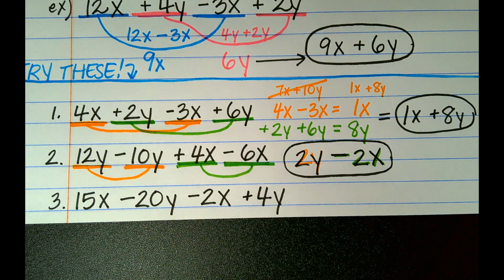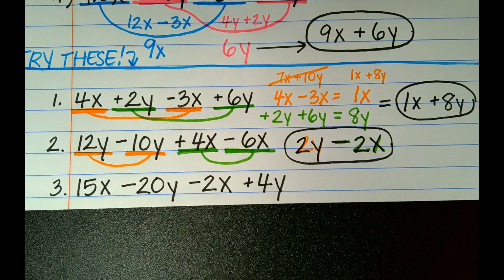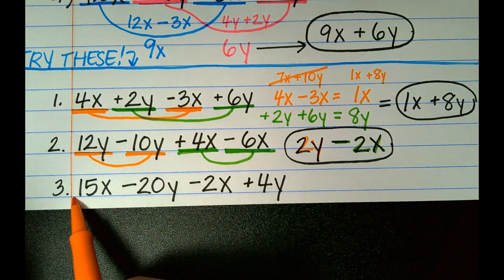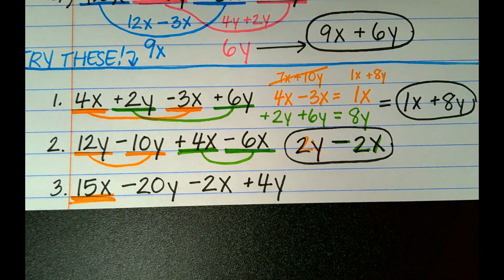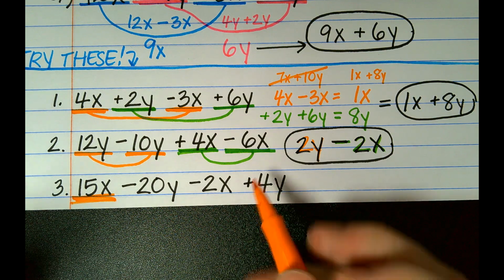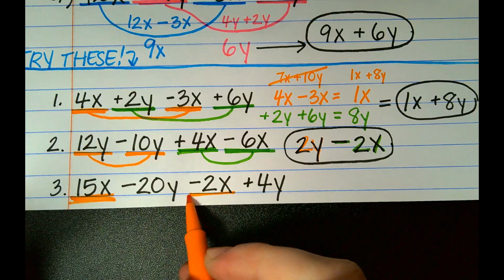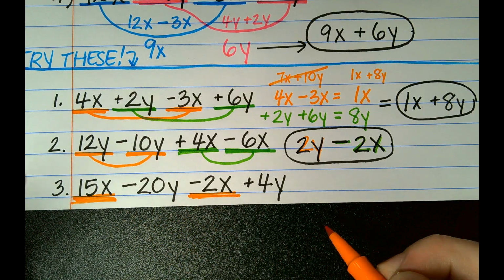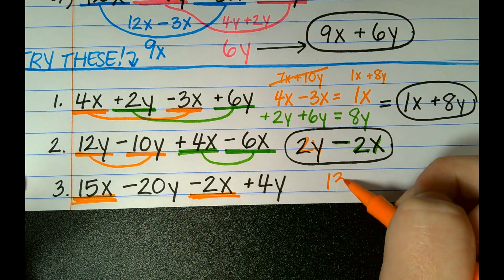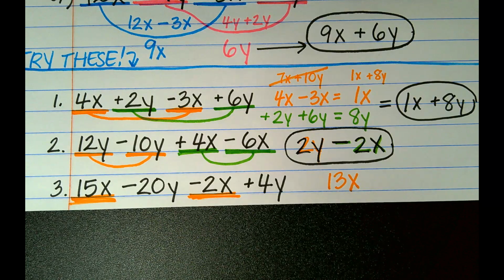Okay. Number 3. What's going on here? A lot. Okay, let's start with the x's. We have 15x to start with, minus 2x. And what's that become? 13x. Now the next one.